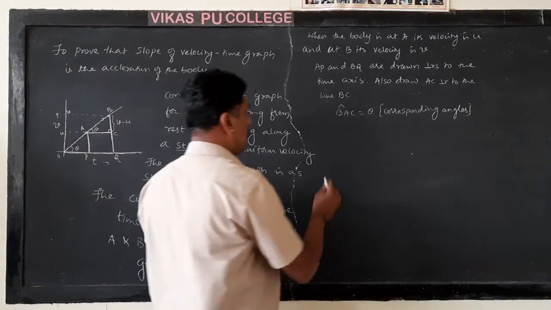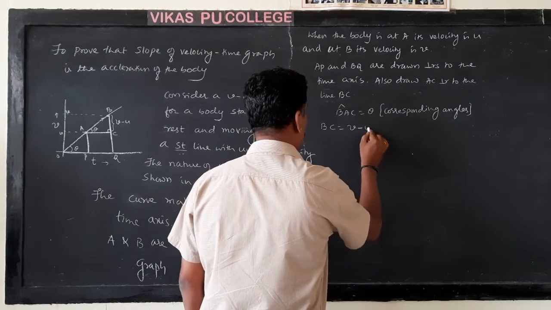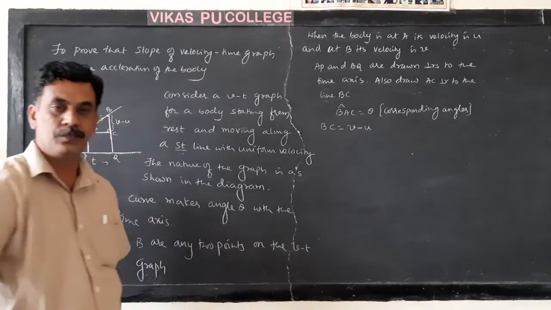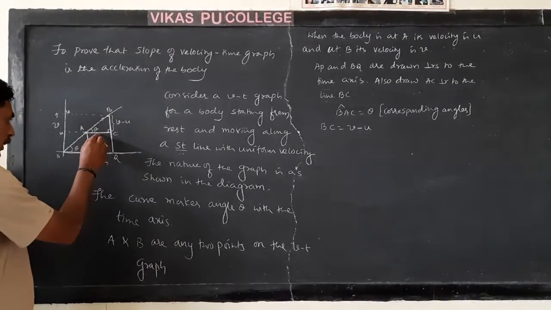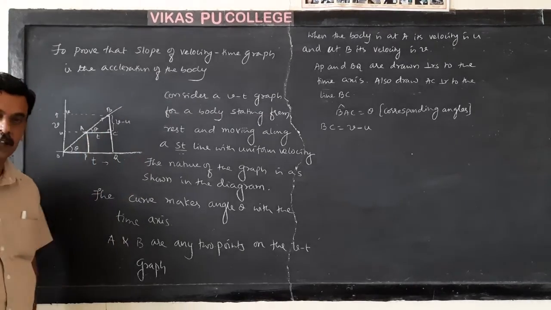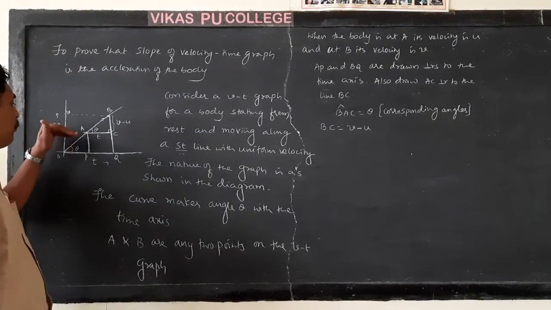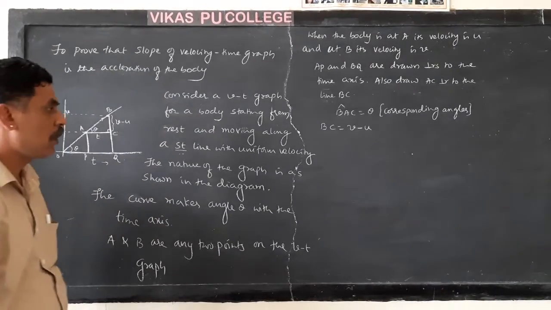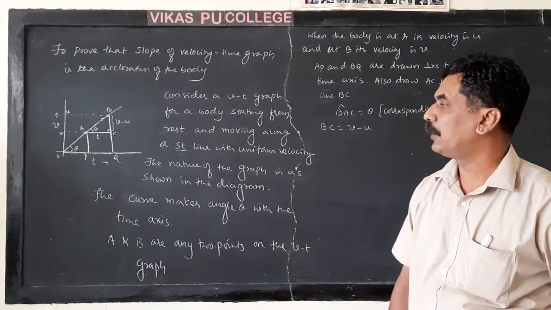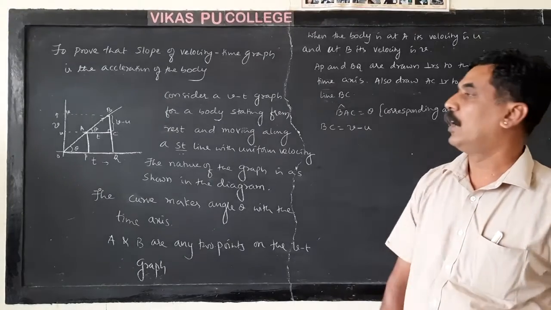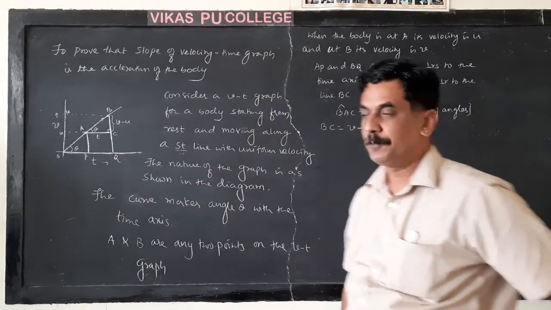So therefore, BC will be equal to V minus U. And then AC will be equal to the time that has elapsed when the body displaces from point A to point B. So AC shows how much time has elapsed when the body goes from point A to point B. It is parallel to the time axis.